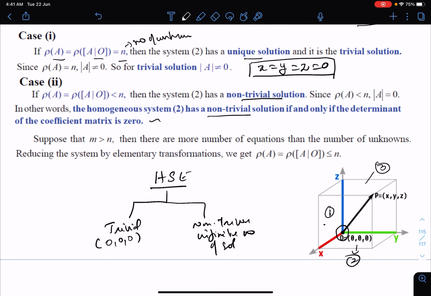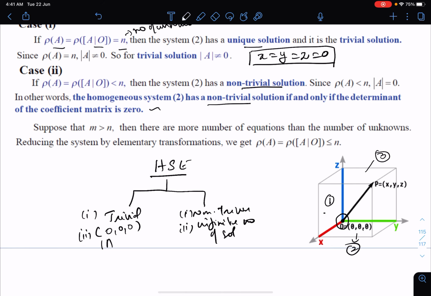And one more condition: for the trivial solution, determinant of A is not equal to 0. And for non-trivial, what is the condition? It should be determinant of A equal to 0. So these three you have to remember: when will you get infinitely many solutions and when will you get the trivial solution.